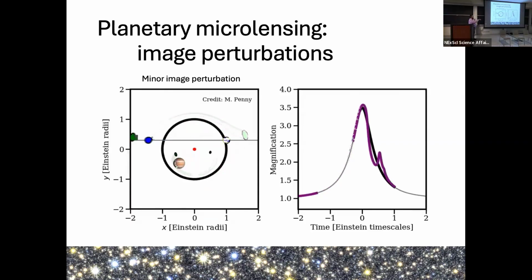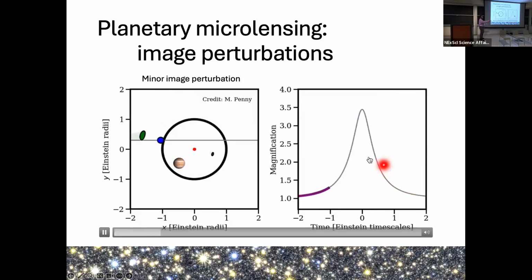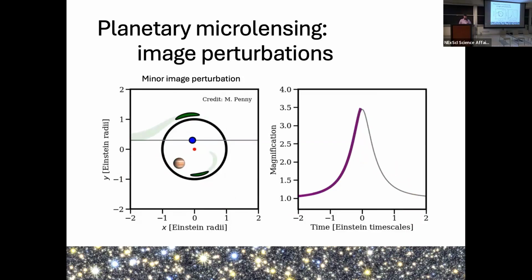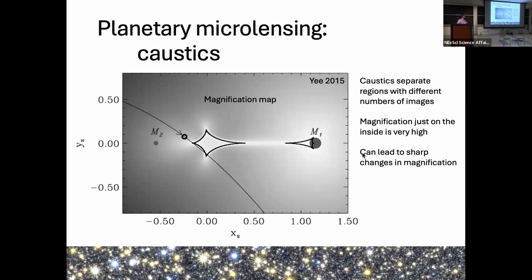The perturbation that occurs to the minor image could be either constructive or destructive. So in some cases, when you have a planet inside the Einstein ring, and it doesn't show up well on here, you get a dip rather than a bump in the light curve. So that's the kind of simple picture.